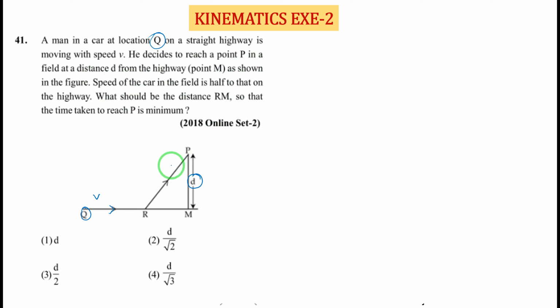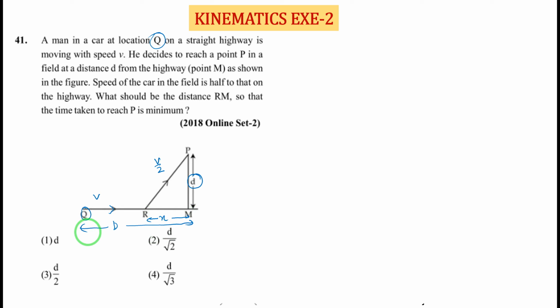Speed of the car in the field becomes half of highway, V by 2. So RP will be the distance covered with V by 2. What should be the distance RN so that the time taken to reach the point P is minimum? Let us call this distance as x, which we have to find, and this total distance as d, right?